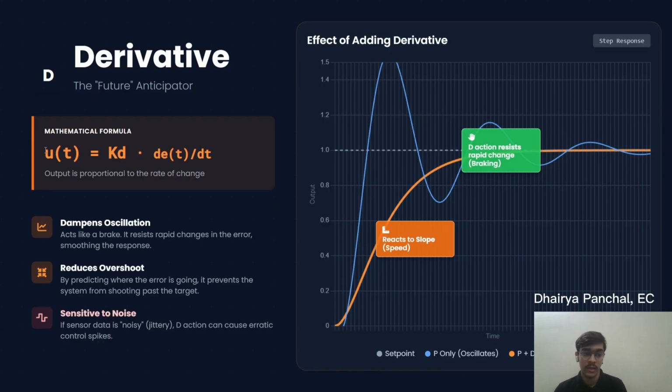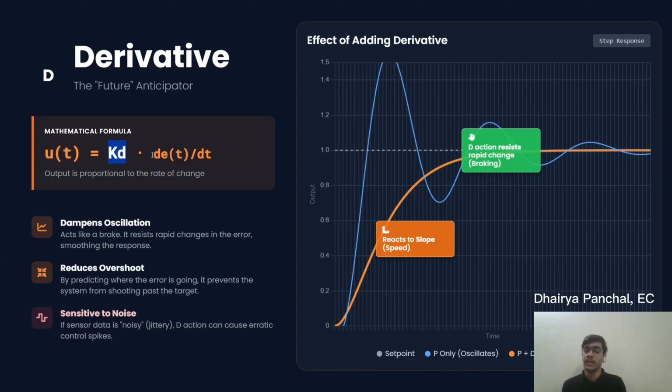So that is what here is given. So rate of change of u of t. U of t is output of my controller, remember. And rate of change of output with respect to change in input, right? તો મારી error signal ની change ના respect માં મારું output થોડા factor થી change થશે.